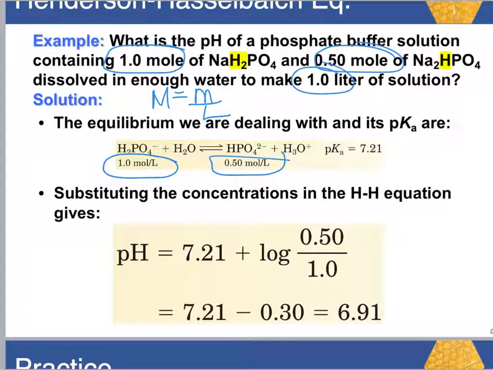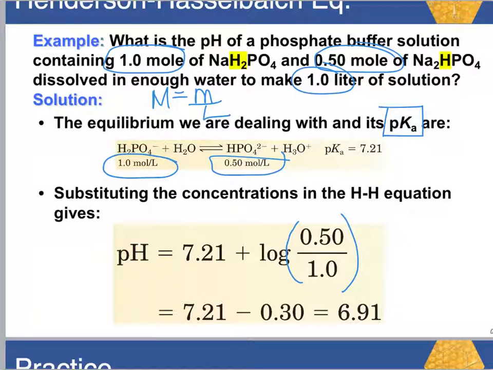So putting this into our formula, pH equals the pKa. So we would need to look up the pKa in our table. So in table 8.3, the dihydrogen phosphate ion has a pKa of 7.21, plus the log. So you're going to take 0.5 divided by 1, which is going to be 0.5.